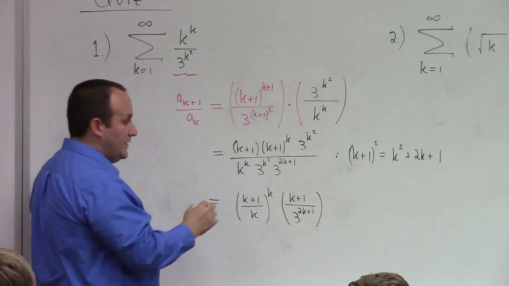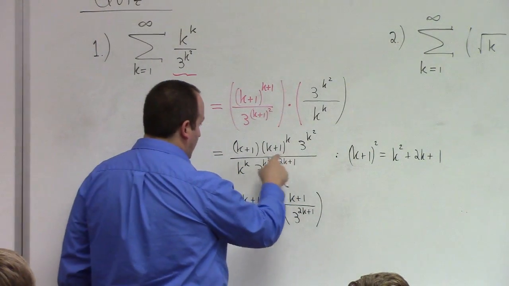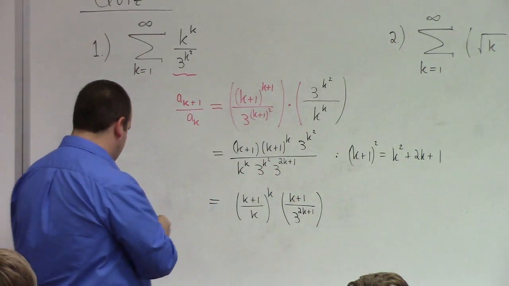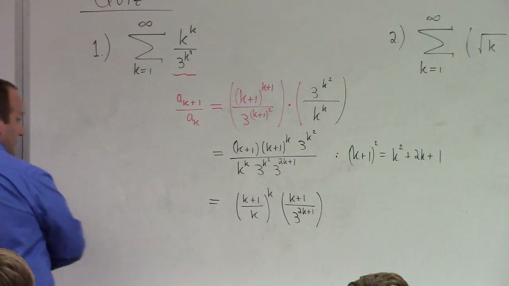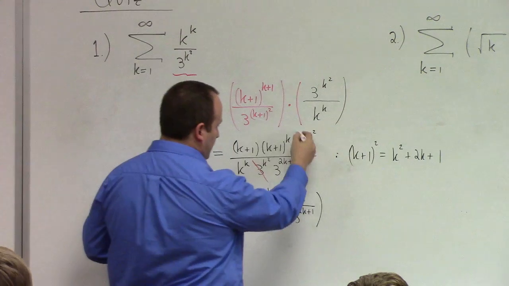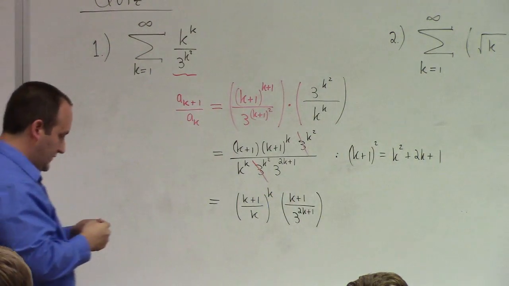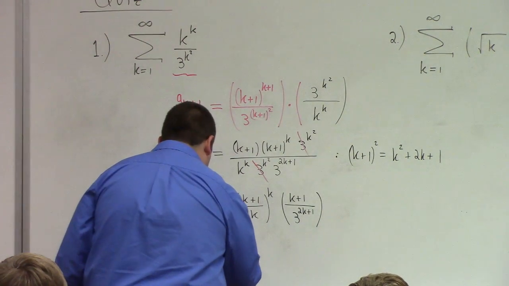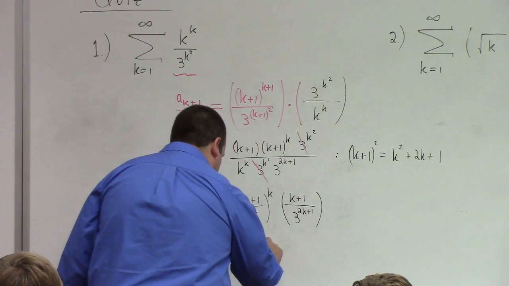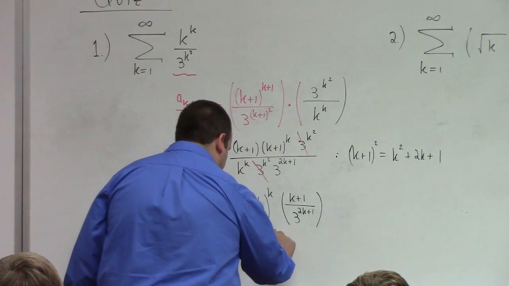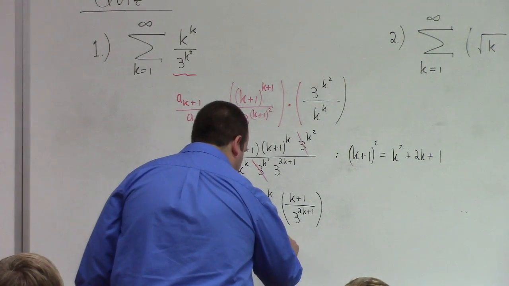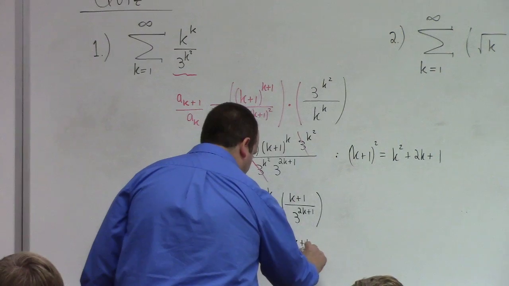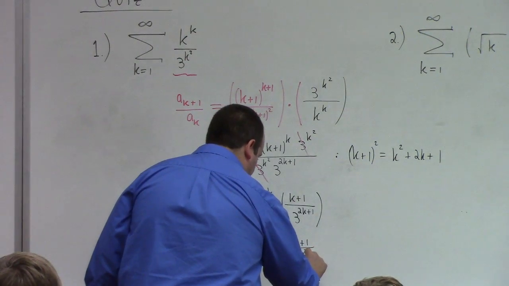Now, of course, the 3 to the k squareds, those reduce, those cancel, right? Like I'm canceling these guys and these guys. All right, so what's the deal with what remains? Of course, this can be rewritten as 1 plus 1 over k to the k power, and this again is k plus 1 over 3 to the 2k plus 1.